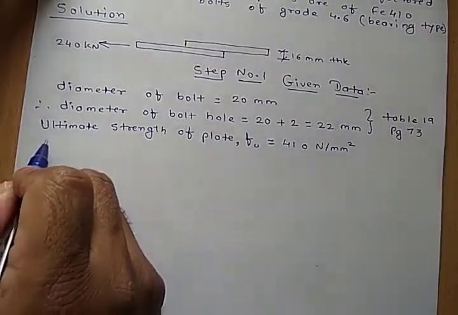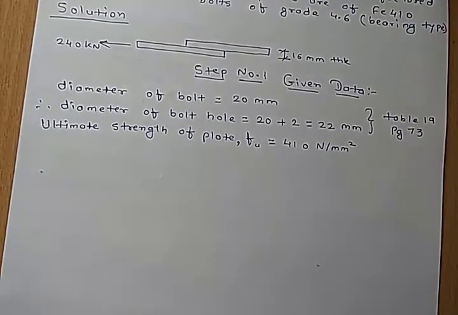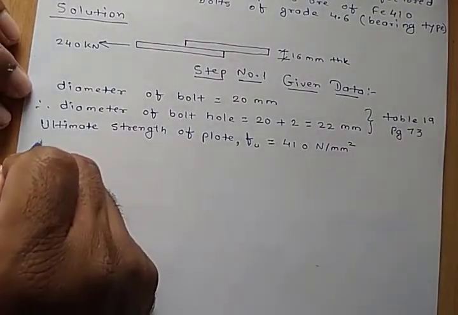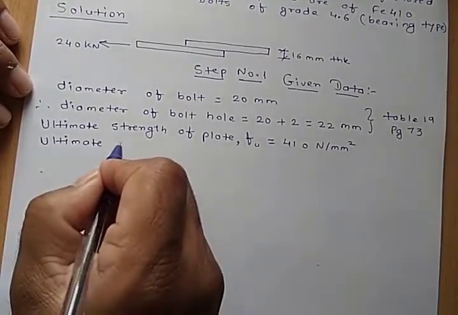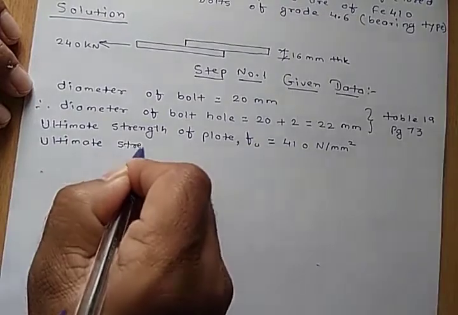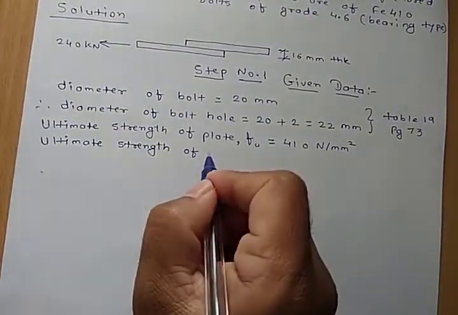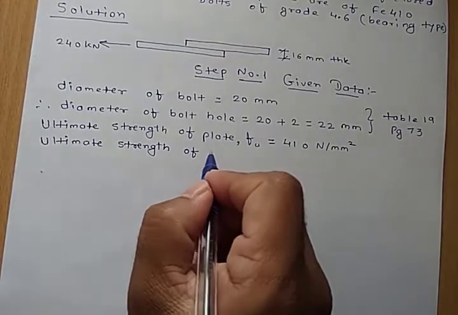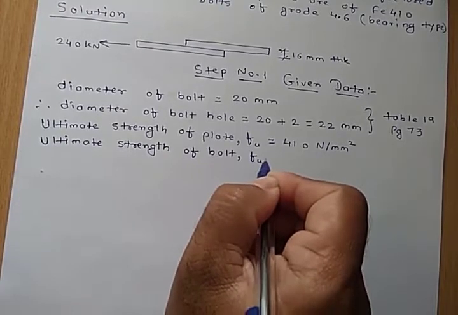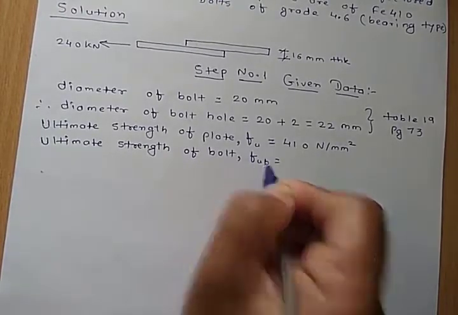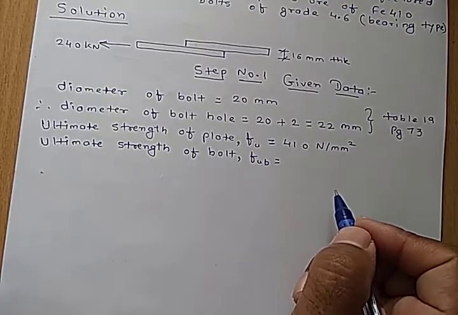If it is not specified, you can just take the ultimate strength of the bolt as 400 Newton per mm square. So this is how you get the ultimate strength of the plate as well as the bolt.